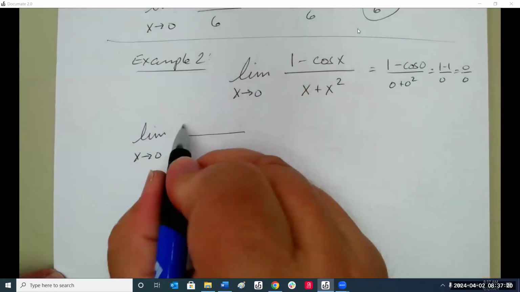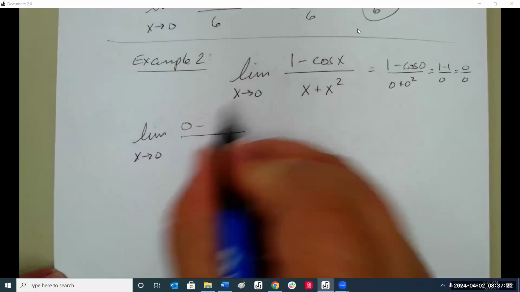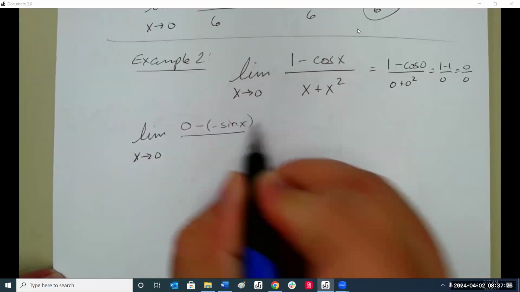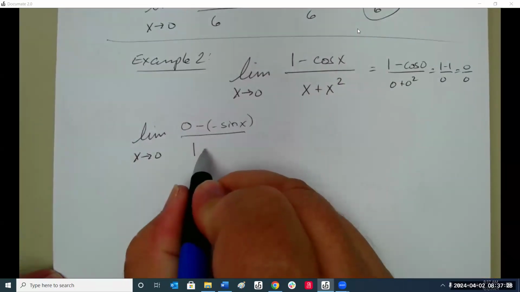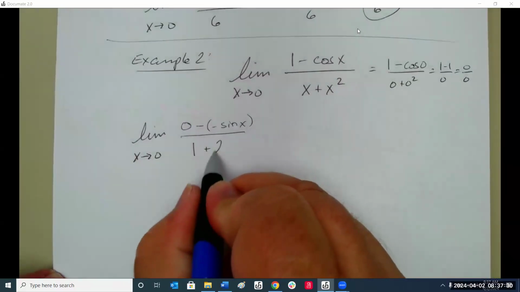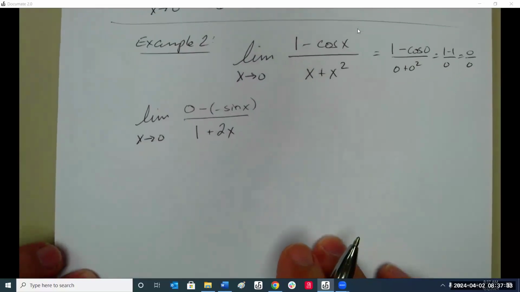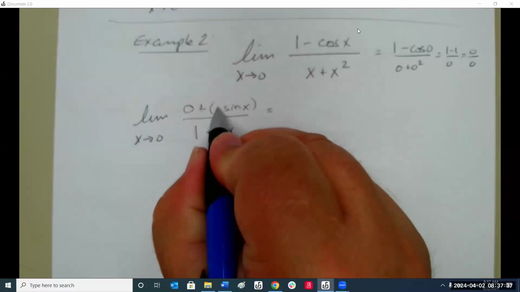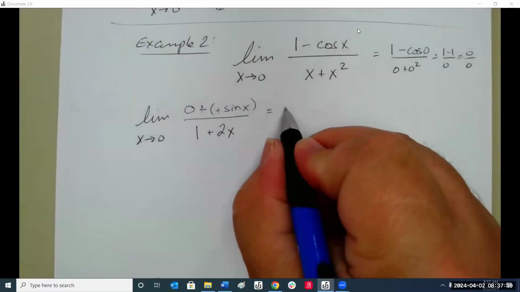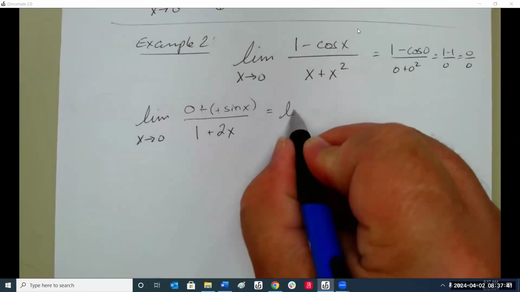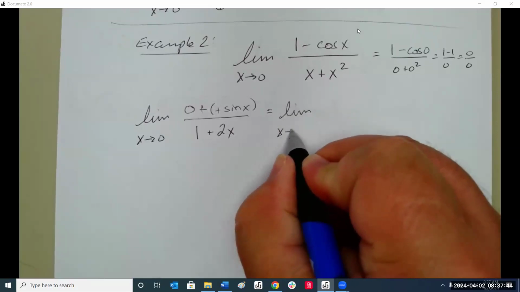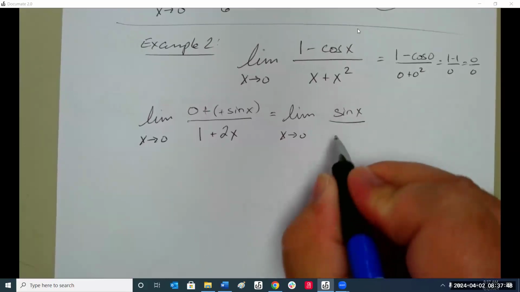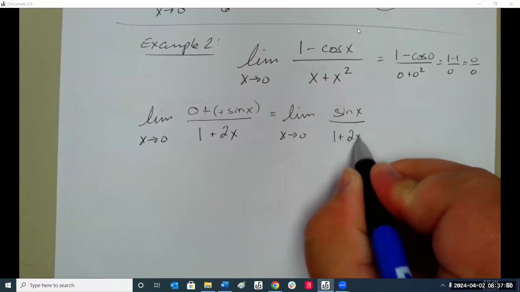The derivative of 1 is 0. The derivative of cosine is negative sine. The derivative of x is 1 plus 2x. So that becomes a plus. So we get the limit as x approaches 0 of sine x over 1 plus 2x.